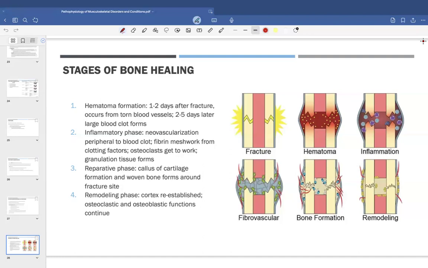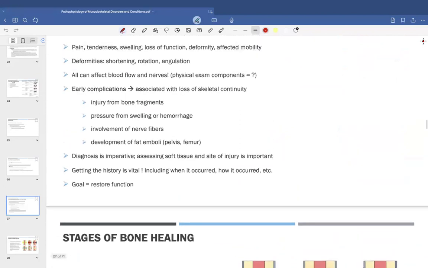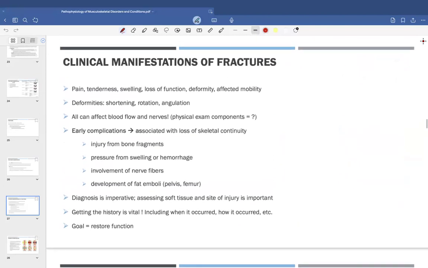You've got to worry about fracture fragments that can sever nerves and or arteries, especially big bones like the femur. Okay, and so not only can they poke out through the skin and be open fractures, but they can cause damage within the body itself just by the nature of the sharp edges and angulation, position, etc. Okay.